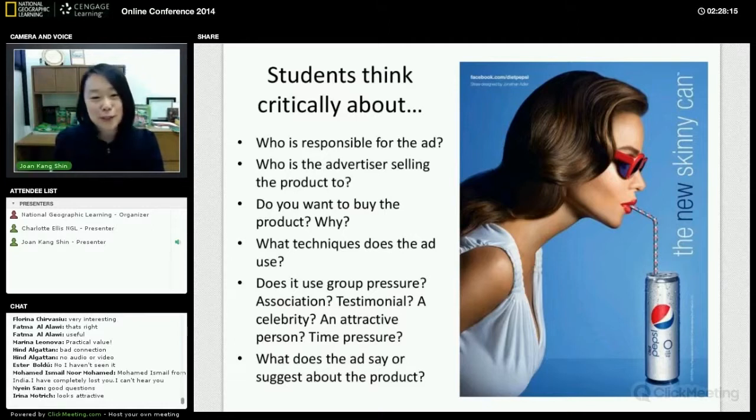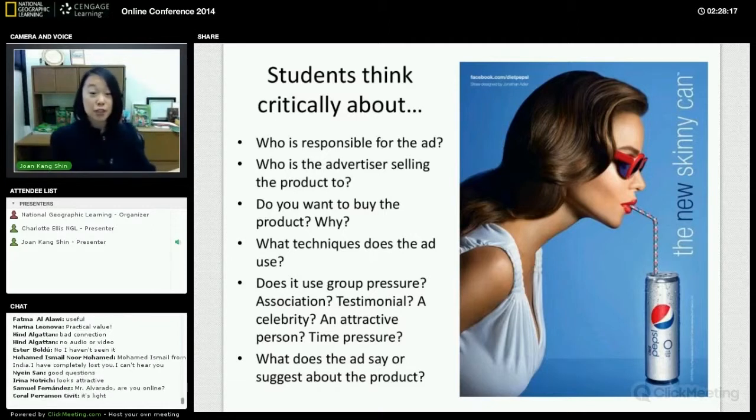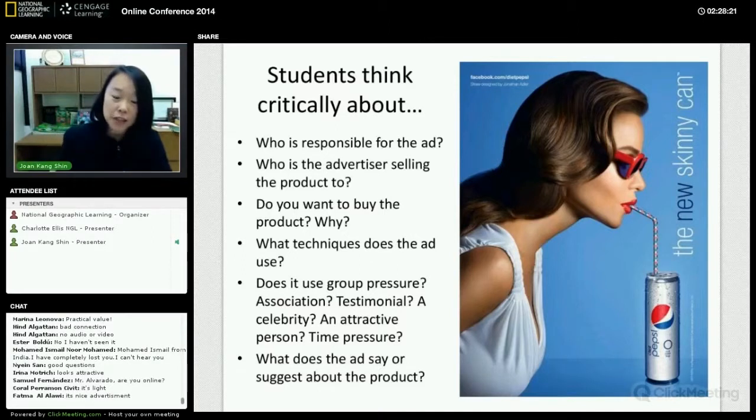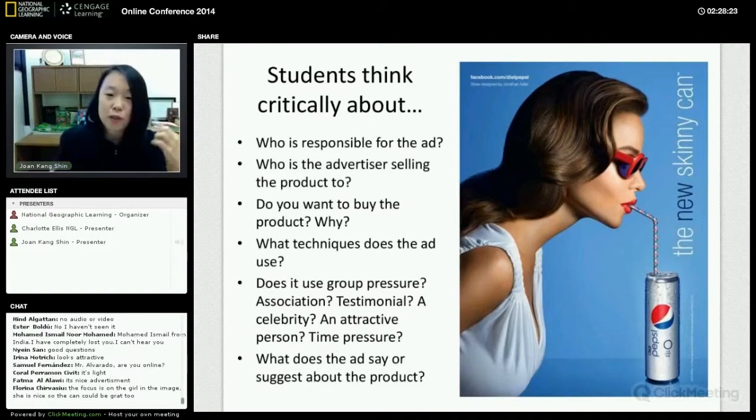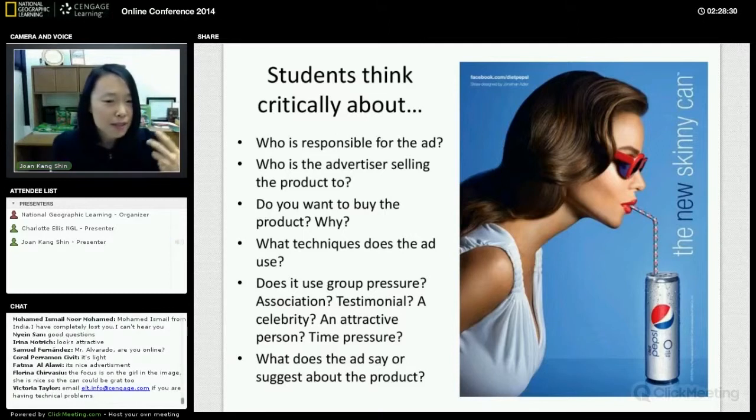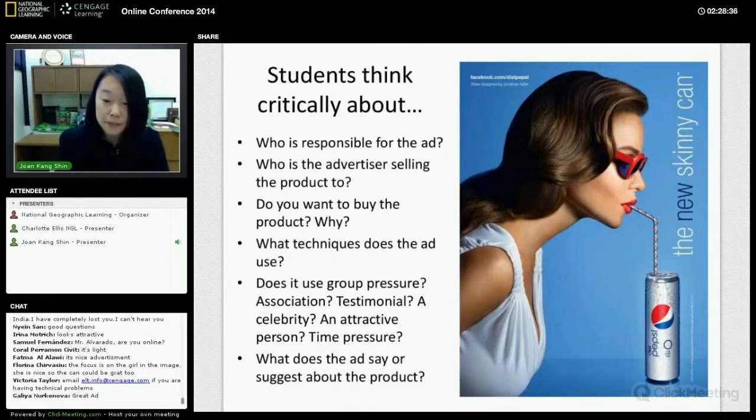If we want our students to really look at these images all around them, trying to convince them to do things or take action, they've got to think more deeply about what those images represent and how they can actually convince them to buy something or think a certain way based on how that image is presented.